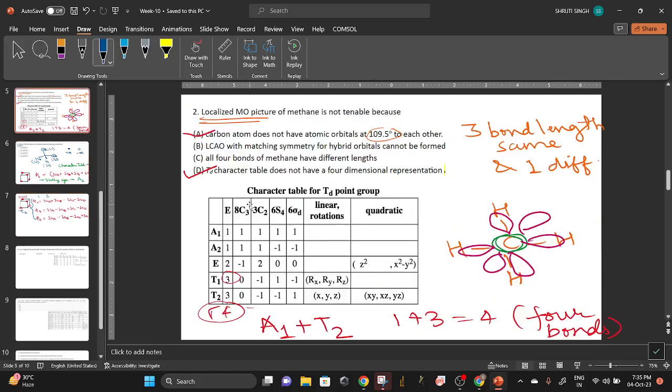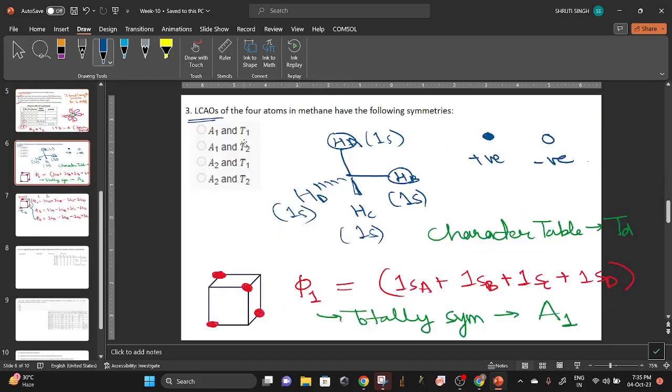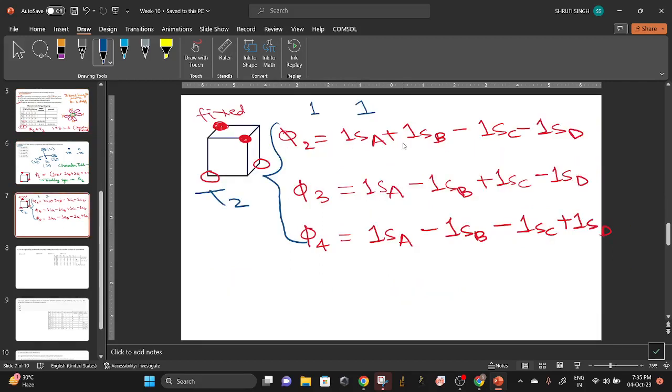Under C2 it will be... No, actually we cannot take them as separate. This whole thing is a unit. This whole thing we have to take.